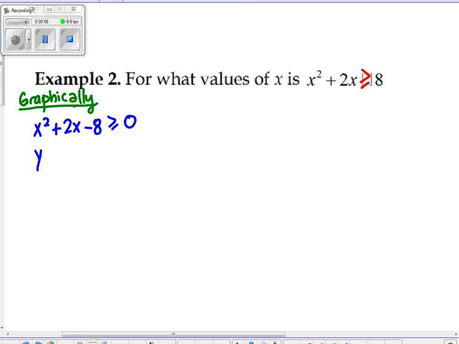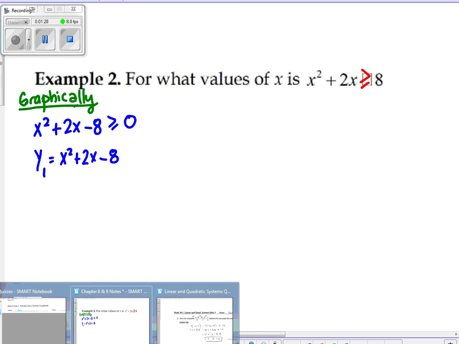So in our calculator, we're going to put y1 equals x squared plus 2x minus 8. Okay, and we want when this equation is greater than or equal to 0, right? So what are we looking for? When the graph is above or below?